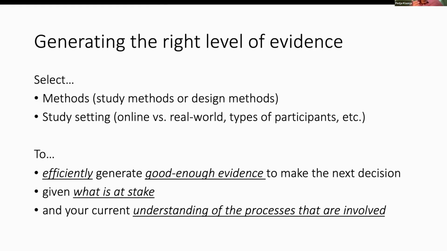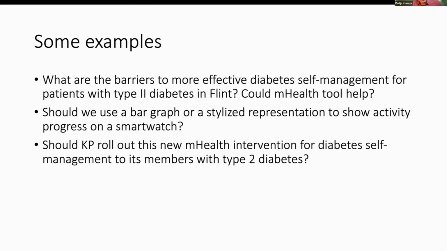What kind of differences in impact might be at stake? What kind of differences in burden might be at stake, cost, and so on. And a lot of this then requires you to bring to the project your understanding of where things are, so you can actually try to decide both what is at stake as well as what would count as good enough evidence. And I'll give you some examples of that.